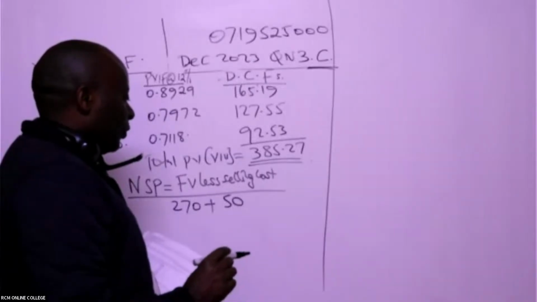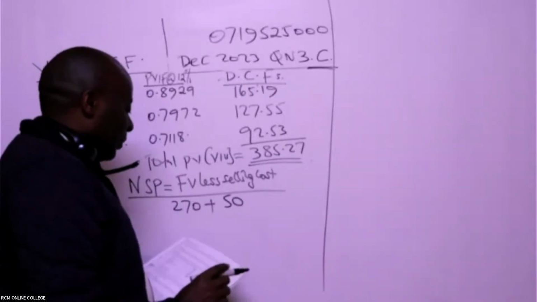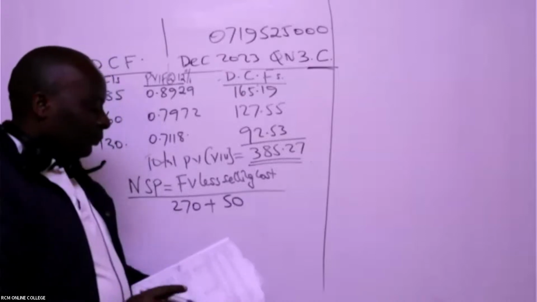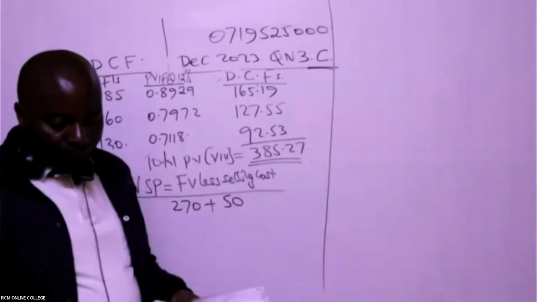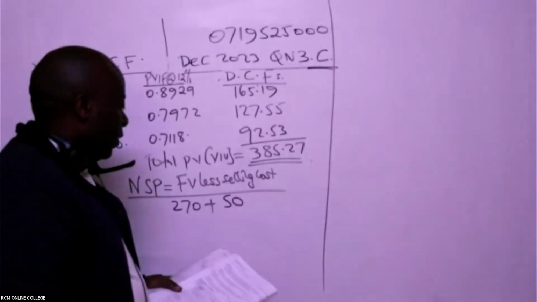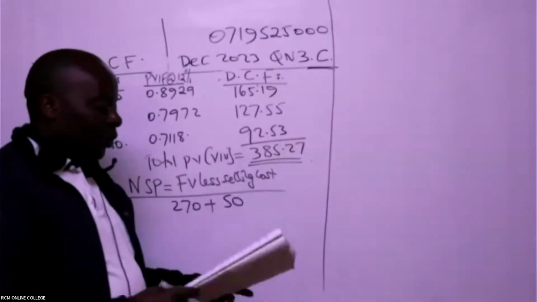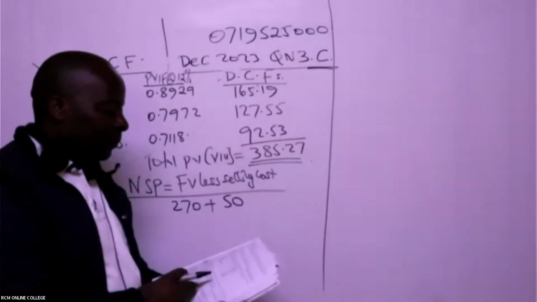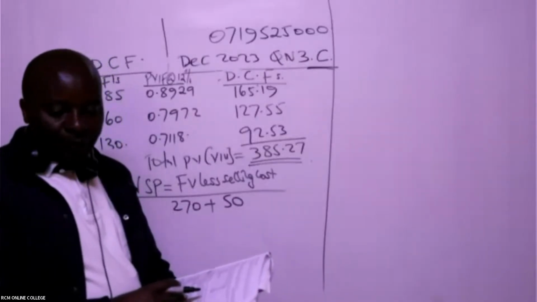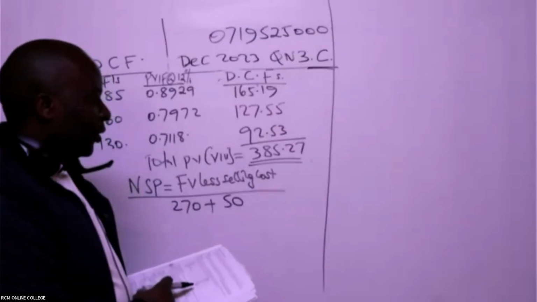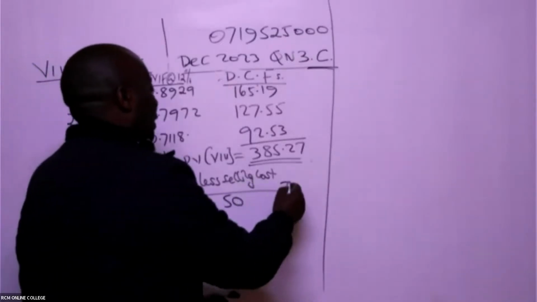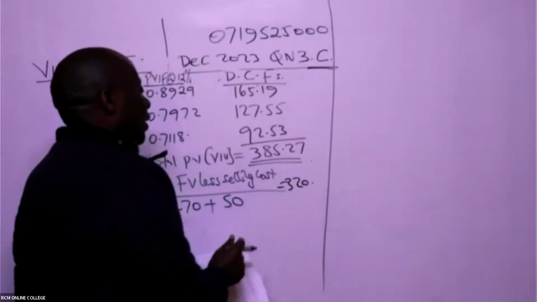So 270 plus 50, which ends up giving us 320.